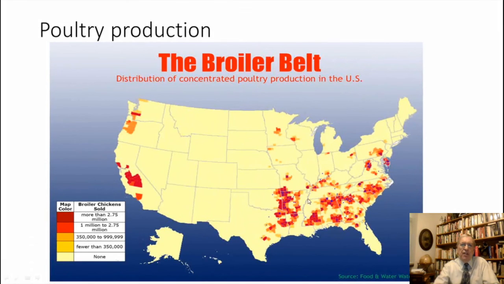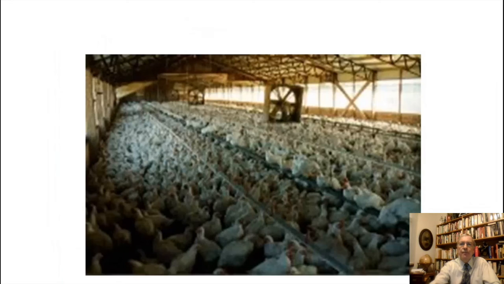So it makes more sense to have it there. Broilers are the name for the chickens that are eaten, as opposed to the layers, or the ones that produce eggs and so on. Here you see the inside. Chicken and poultry are produced in factory farms, just like the other animals. Here you see them in a barn.